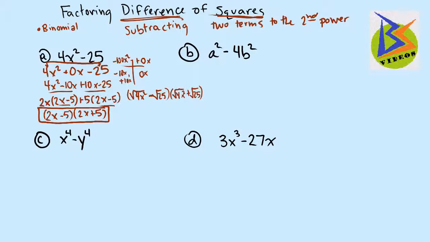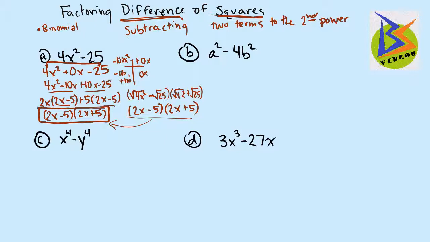The square root of 4x squared is 2x, and the square root of 25 is 5. We see that we come out with the same solution here, and we've saved ourselves a lot of time because we don't have to factor these trinomials.